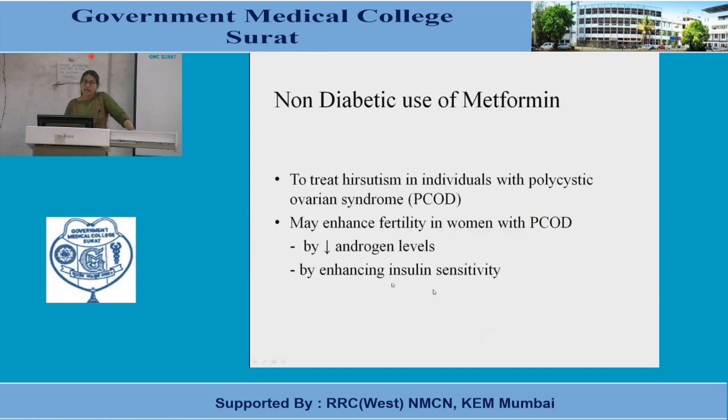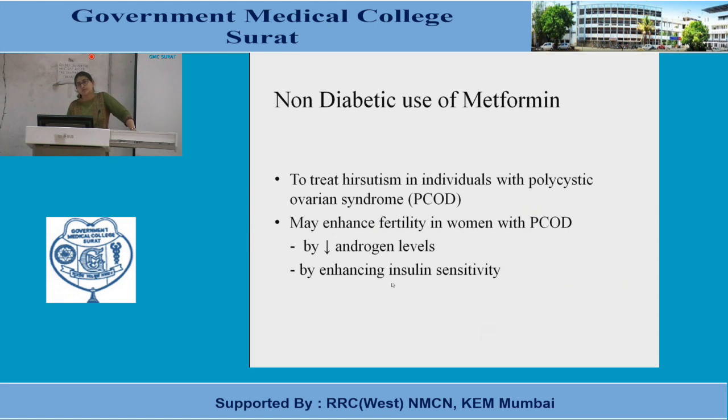What are the non-diabetic uses of metformin? Nowadays we have seen drugs being used for other actions for which they were not discovered or were not in use. So here also metformin is used to treat hirsutism in individuals with polycystic ovarian syndrome.